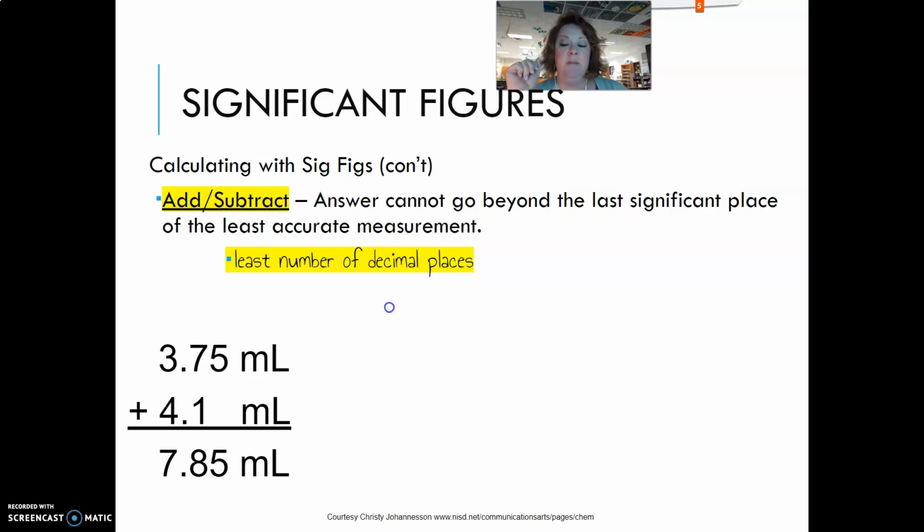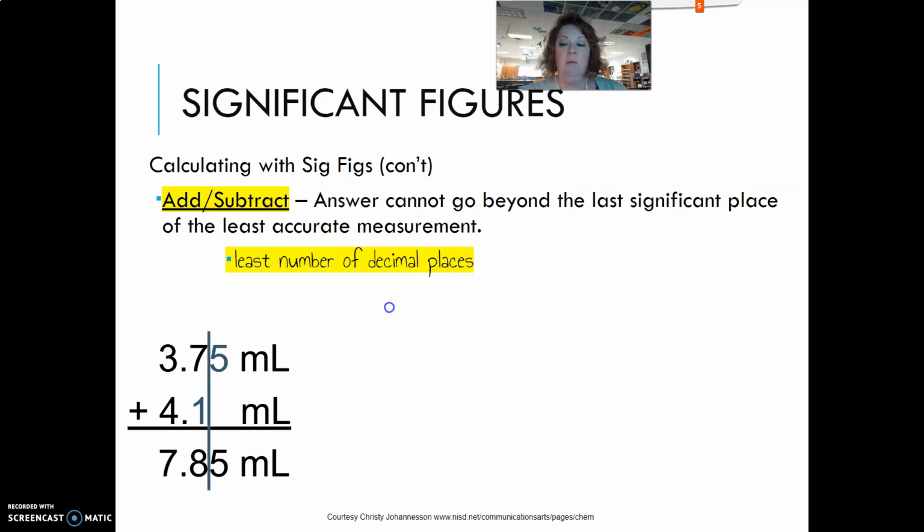So we have 3.75 and 4.1. At the beginning, it's easier if you stack them like we did when we were first learning how to add and subtract decimals. So you're stacking them over the decimal. We do the math first, no big deal. And then you look to see, well, 3.75 has 2 decimal places, and 4.1 has 1 decimal place.